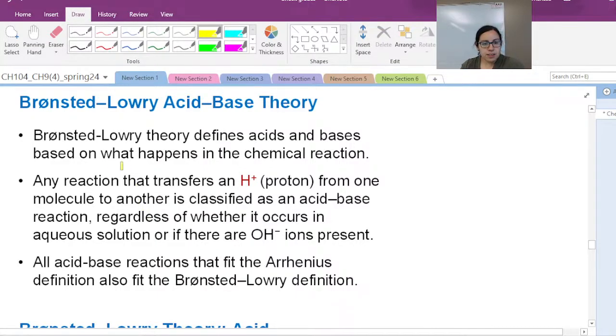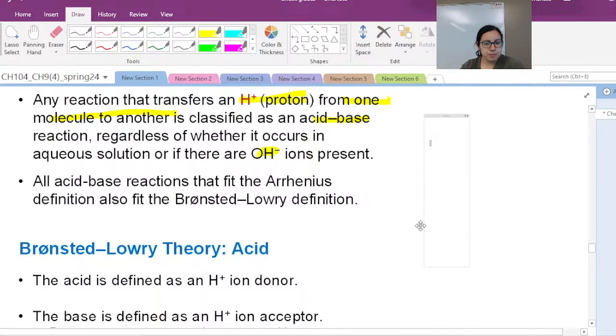For Bronsted-Lowry, any reaction that transfers a proton from one molecule to the other involves an acid or base, irrespective of whether it occurs in an aqueous solution or if there are OH ions.